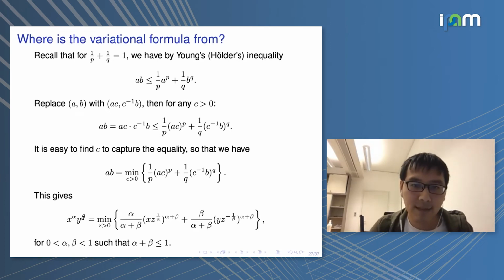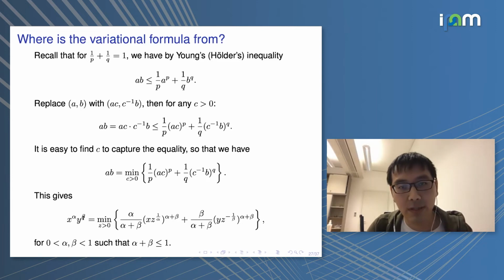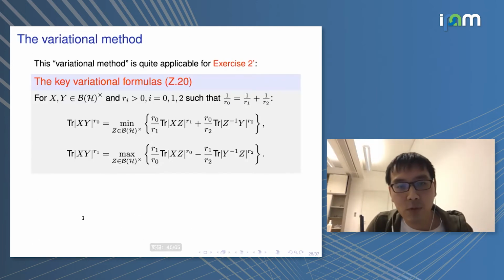So this argument is more heuristic because the crucial point is nothing but the Holder's inequality and Young's inequality, certainly. And we know that this is true for Schatten P norms. Schatten P norms have Holder's inequality.